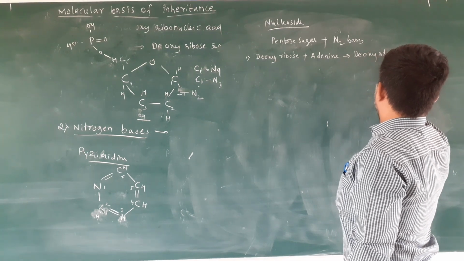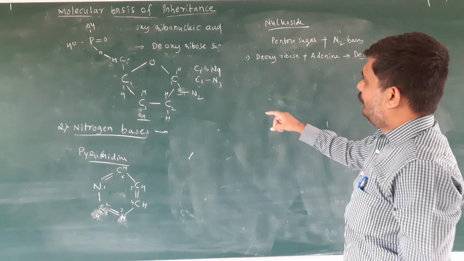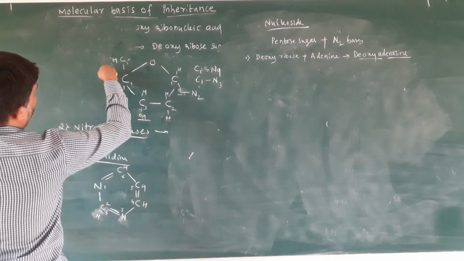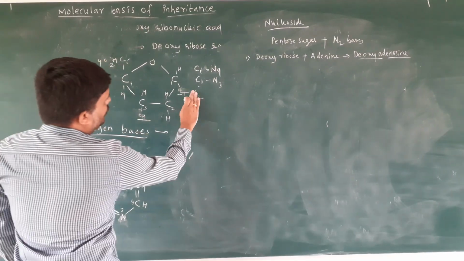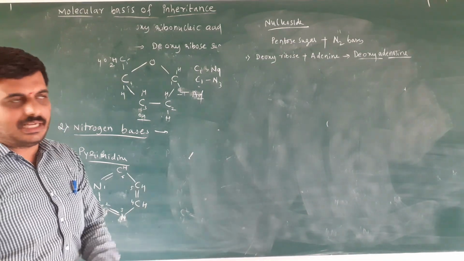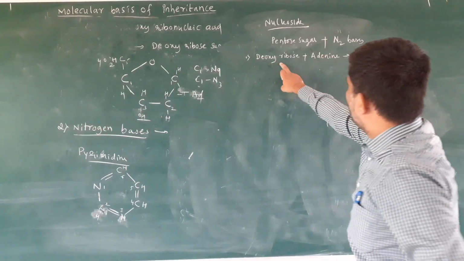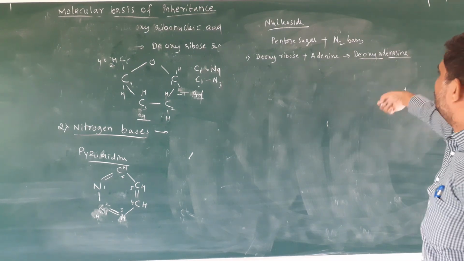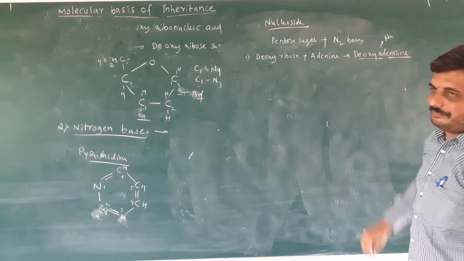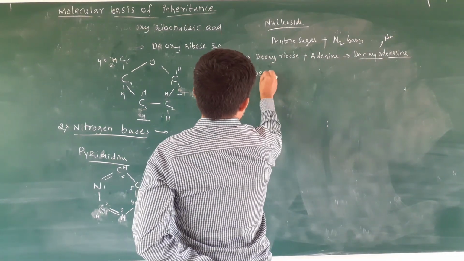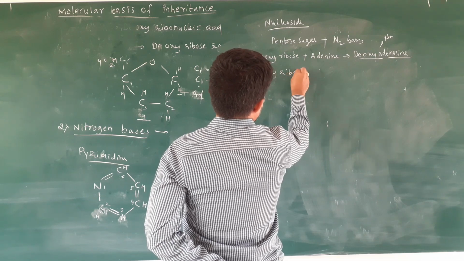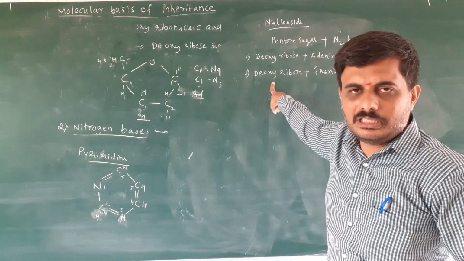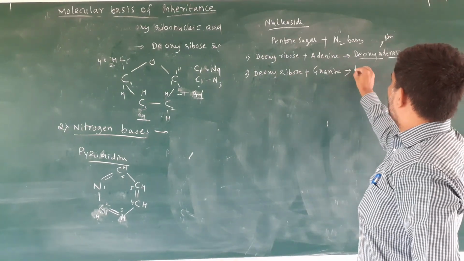Here, deoxyribose plus the adenine nitrogen base is called deoxyadenosine. This is a nucleoside. If deoxyribose sugar is attached to guanine, it is called deoxyguanosine.